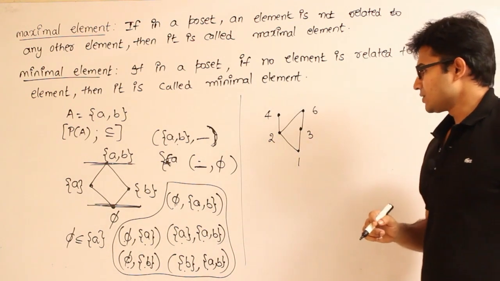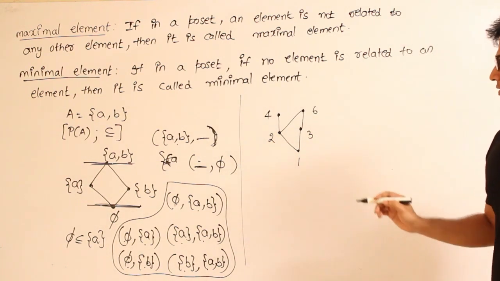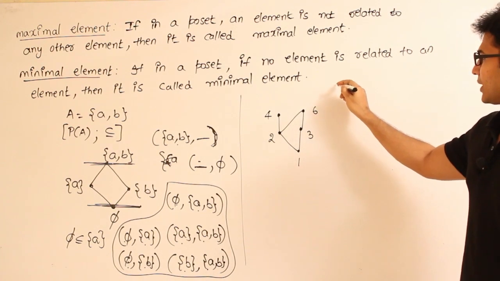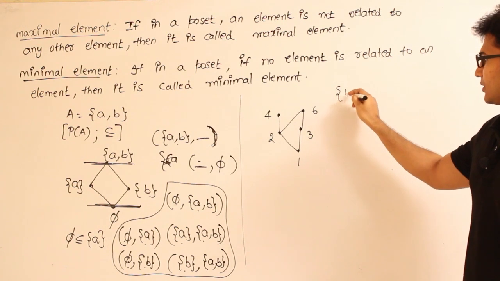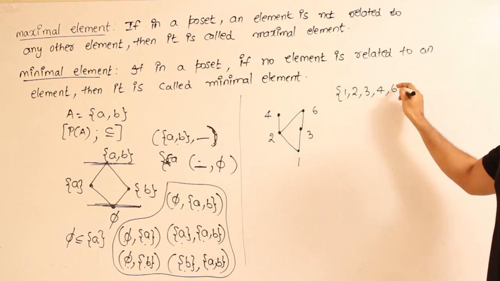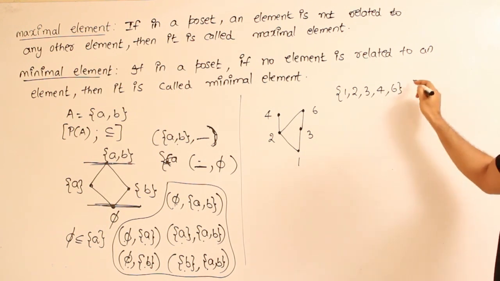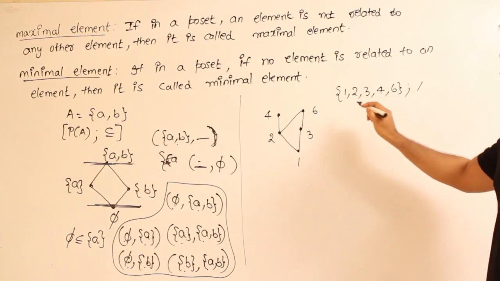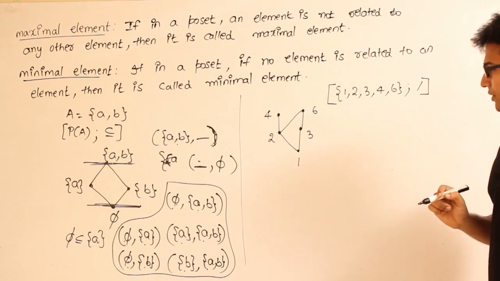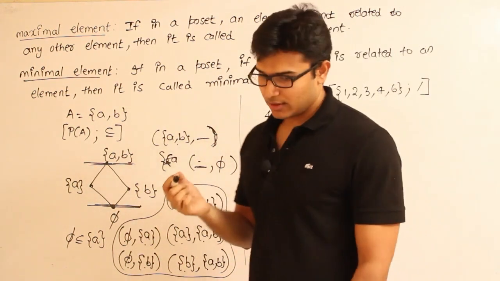Okay, now see this, it is a poset. So let me define the relation first. So let us assume that it is a set containing 1, 2, 3, 4, 6, 5 elements, and the relation is divides. This is a poset. Okay, this entire thing is a poset.